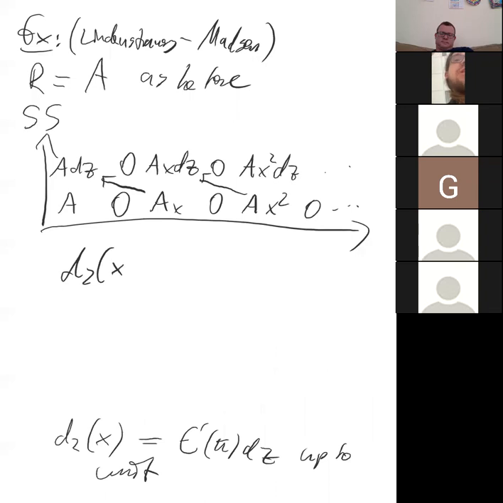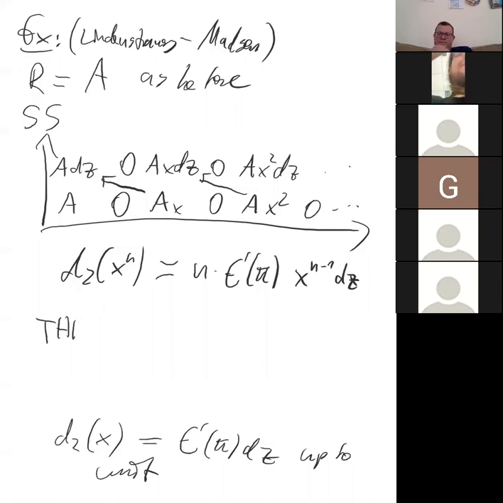So more generally, since the differential is going to be a derivation, this hits n times e prime times dz. And now we can just read off the thing the spectral sequence converges to. There's only one non-zero entry in each diagonal. This is Serre grading, sorry, I should have said that earlier.